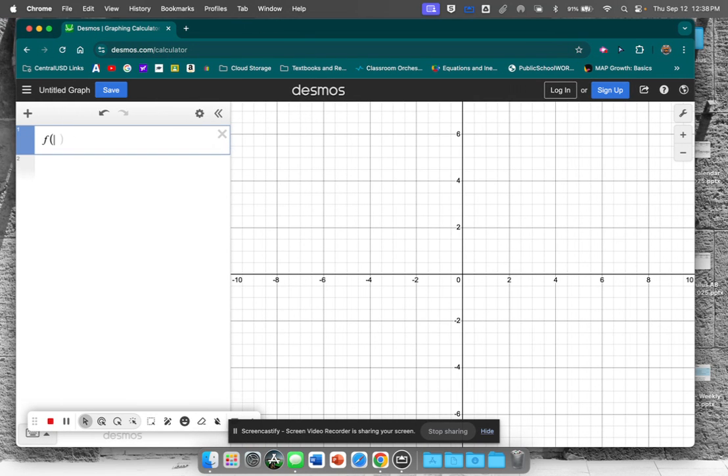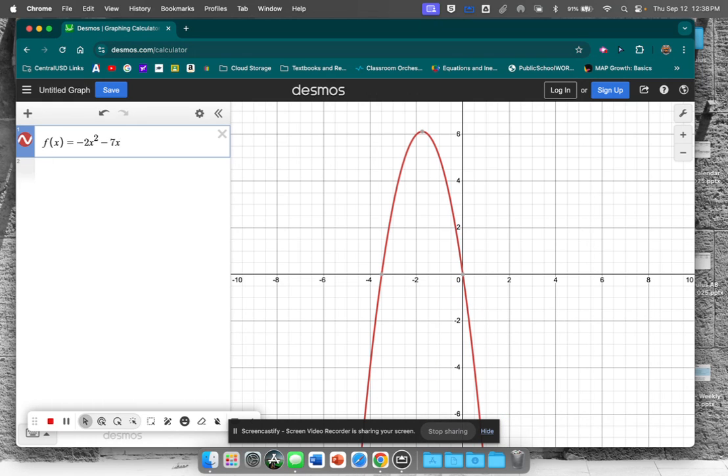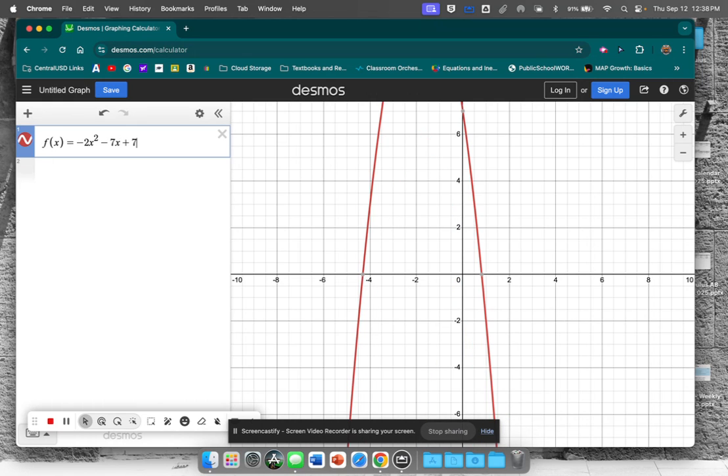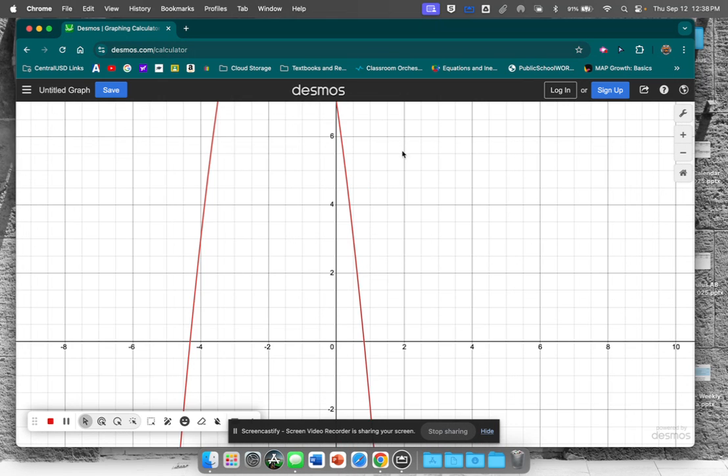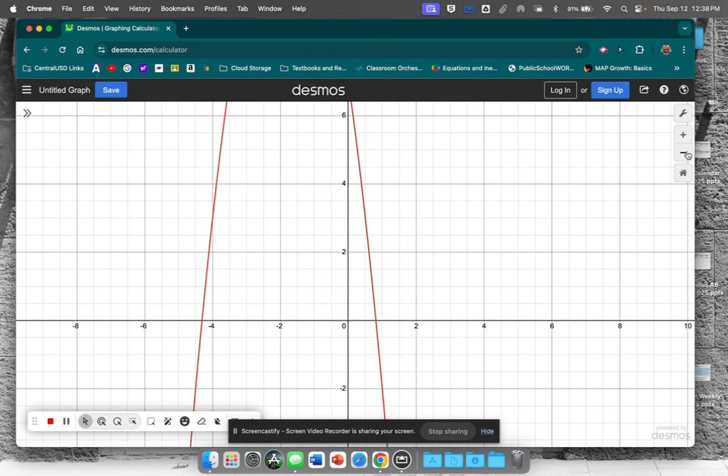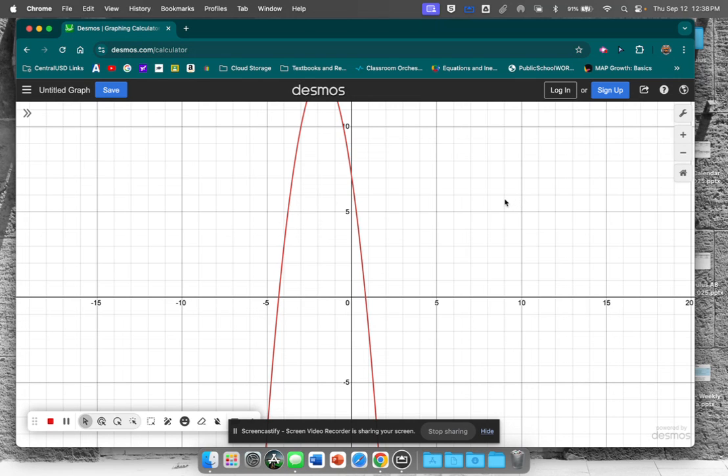So our function was f of x equals negative 2x squared minus 7x plus 7, right? Okay, so here's that guy. Let me back up a little bit. Now we wanted to know the slope of the tangent line when x was what? 5, right?